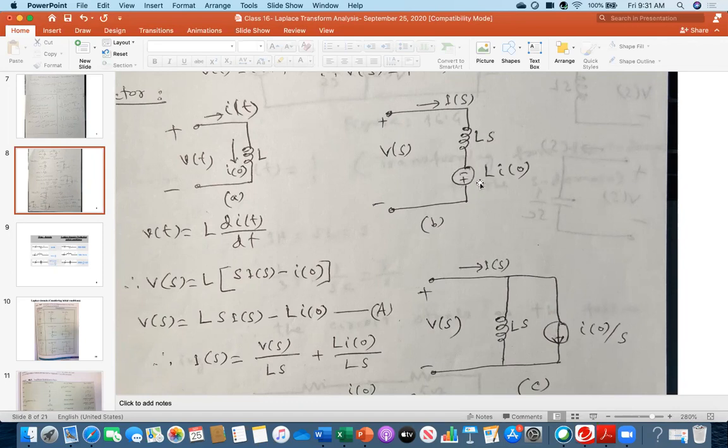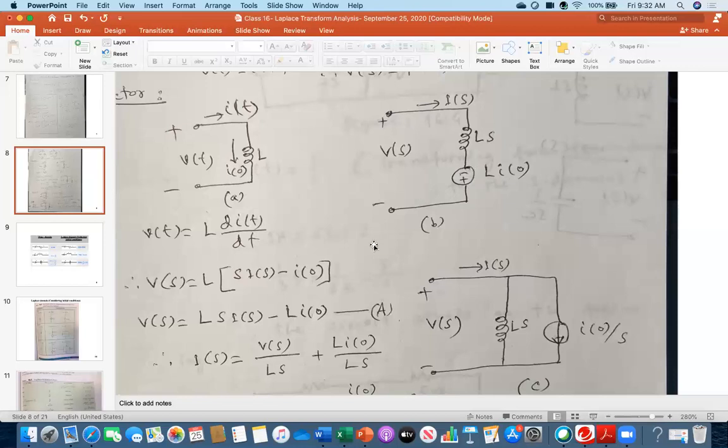The value of that source is L I naught, so you must know the initial condition of I. If the initial condition is not given in the problem, then just neglect this source and connect straight; in that case it will simply be sL. But if initial values are given in the problem, then you must use this one as well.